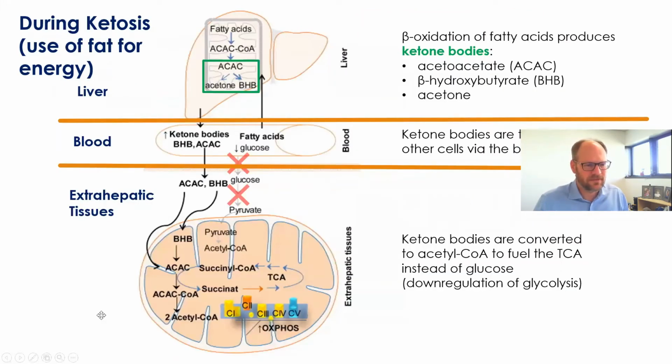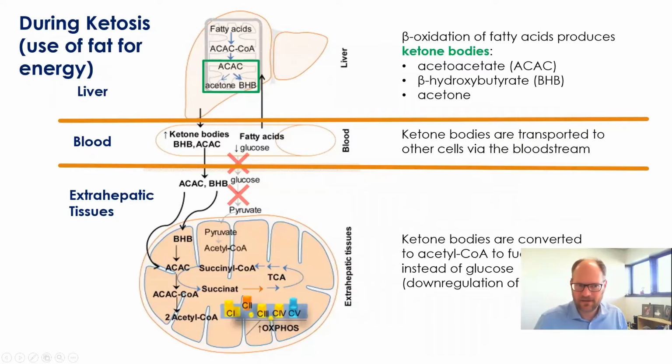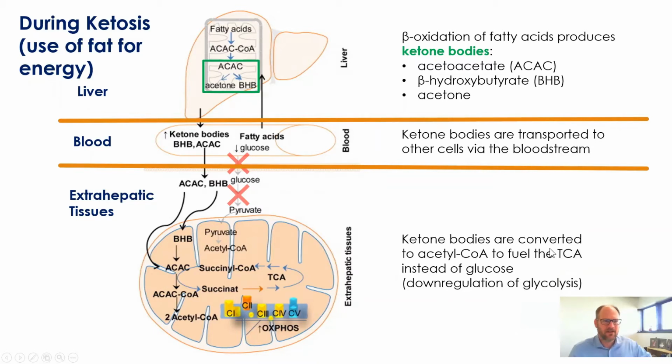So let me talk a little bit about how this all works. During beta oxidation, which is a pathway we'll learn about more later, you break down fatty acids, and the ultimate end product of that is acetyl-CoA.